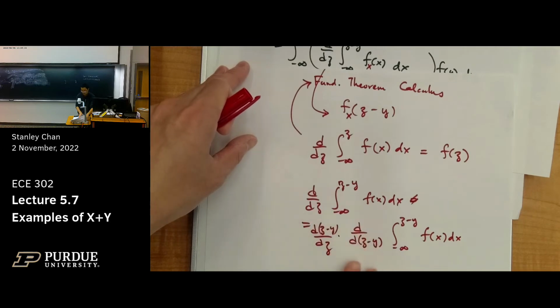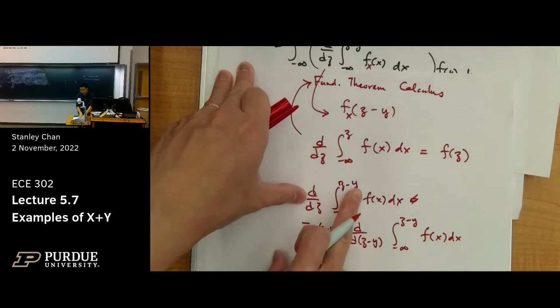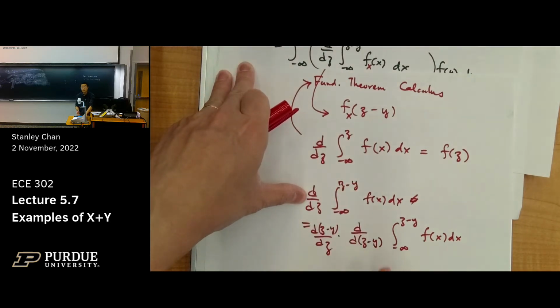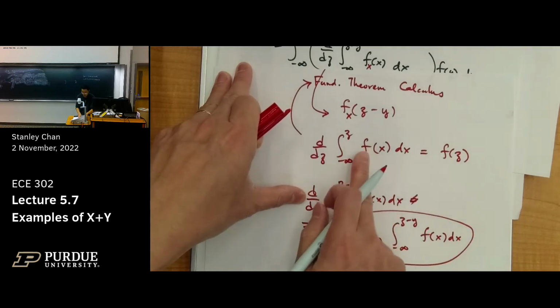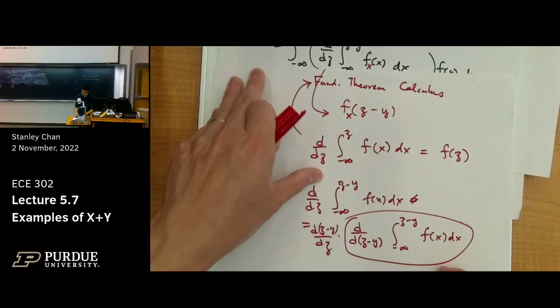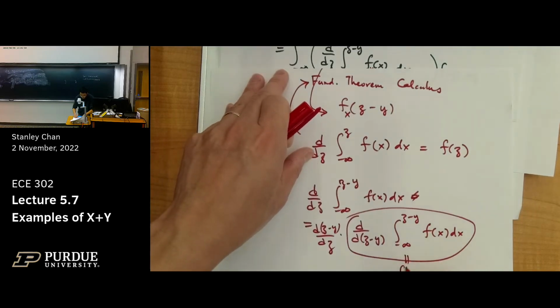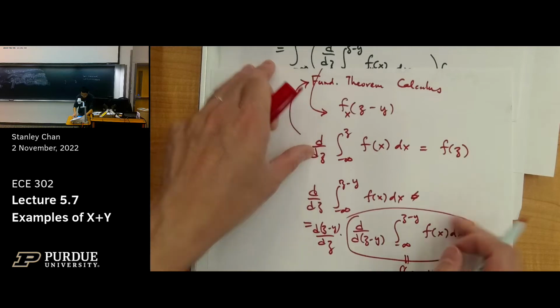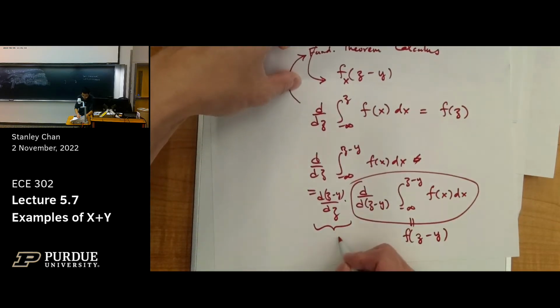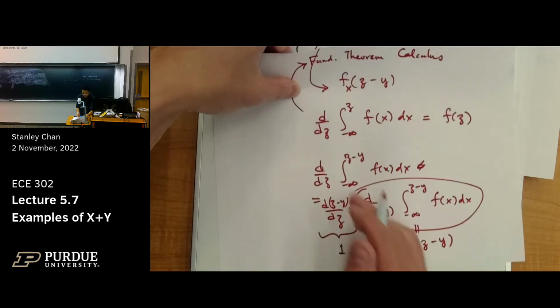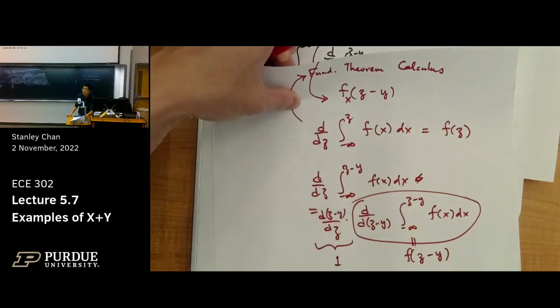Okay, so that's just a chain rule that you sort of break this z minus y into two pieces. And this thing here will just follow the fundamental theorem of calculus. So that will give you f of z minus y. So that is this half. Now, how about this derivative? This is just 1 for the z minus y. Okay, so that one comes from the chain rule.